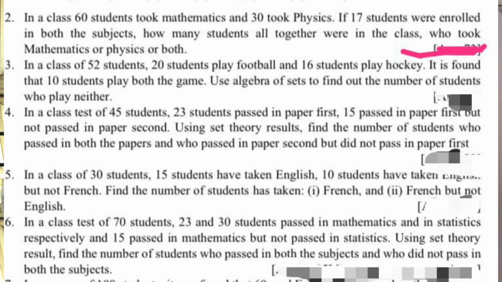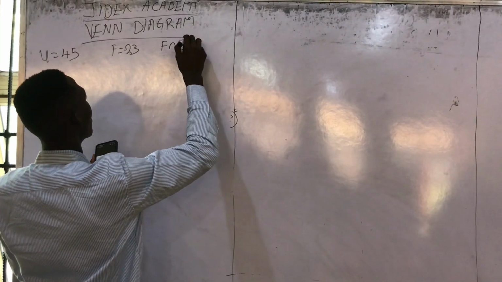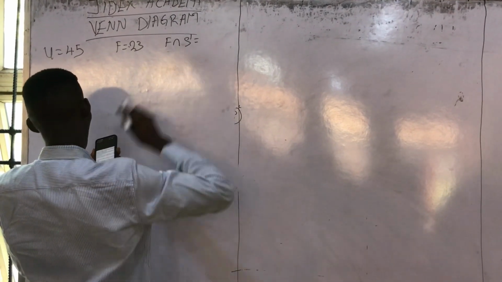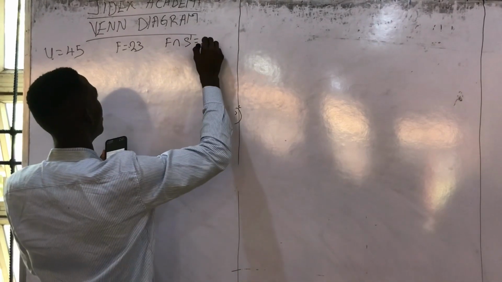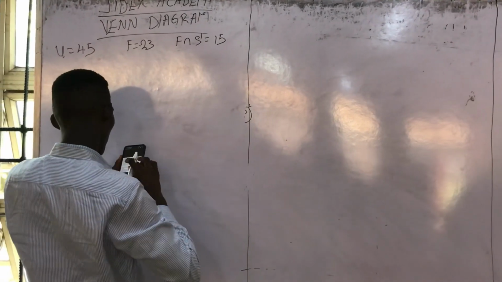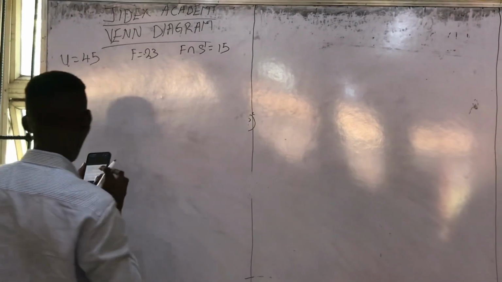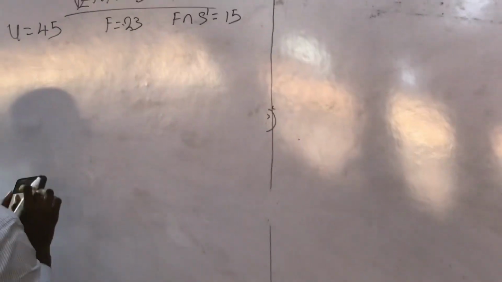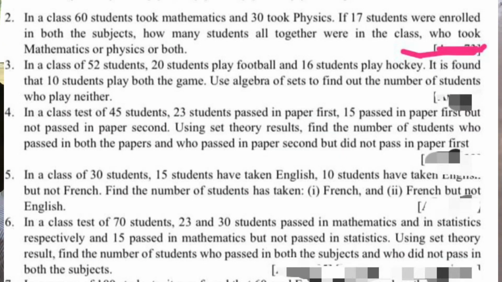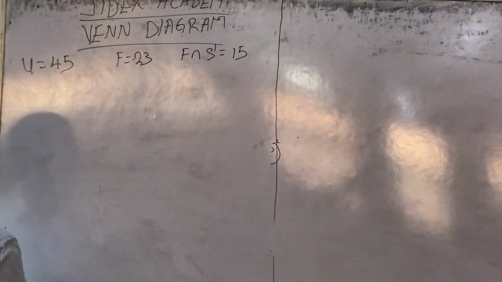So this is like first only. I represent the second with S, and that is 15. The Venn diagram is about understanding it. Using set theory results, find the number of students who passed both papers and who passed the second paper but not the first.